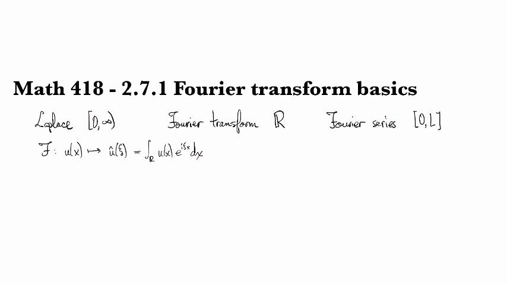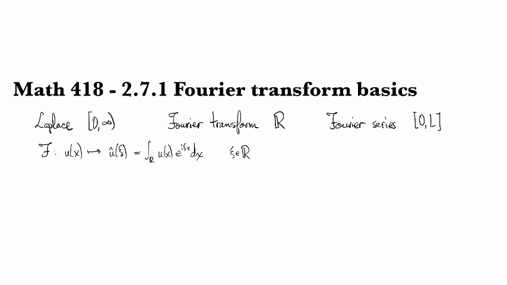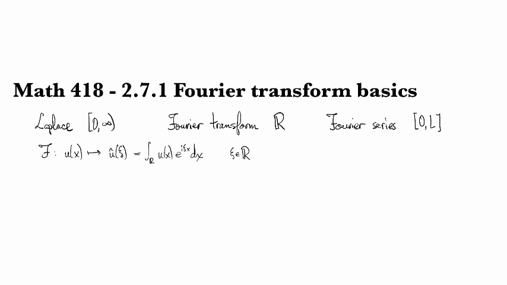Here xi is a real number, but in general u hat can take complex values because of the imaginary numbers in the integrand. The kernel for this integral transform is e to the i xi x.